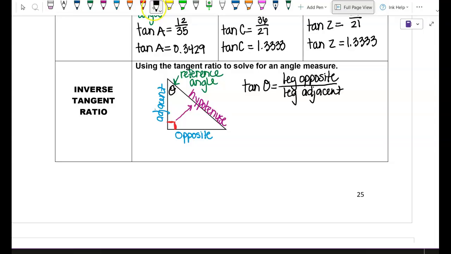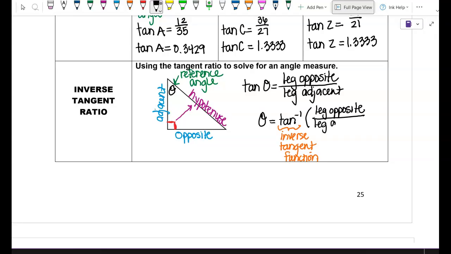Theta is equal to tangent to the -1, which we call the inverse tangent function. So this is called the inverse tangent function. And then in parentheses, we put what we already had, leg opposite divided by leg adjacent.